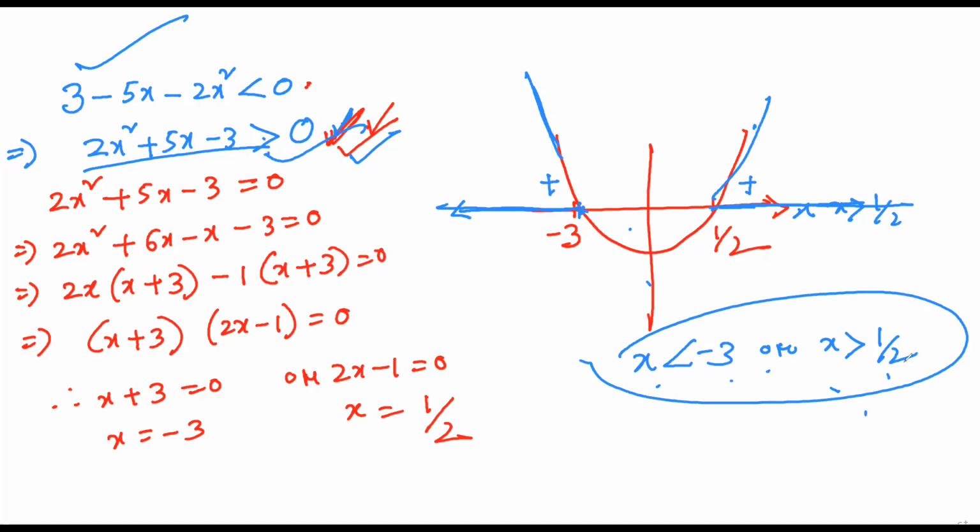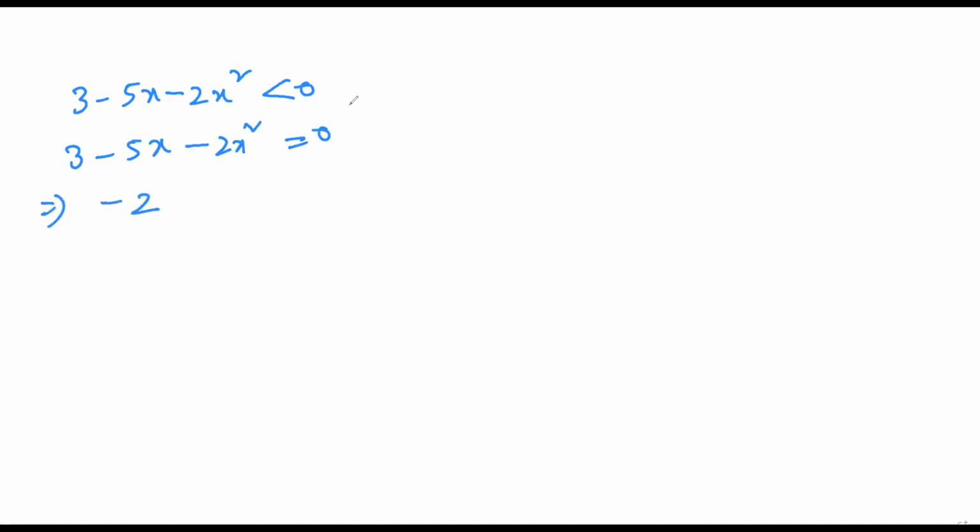Okay. And another way, what Sakib asked me, if we follow these things in another way, try to understand: 3 minus 5x minus 2x square less than 0. If we don't multiply by minus, it is minus 2x square minus 5x plus 3 equals to 0.